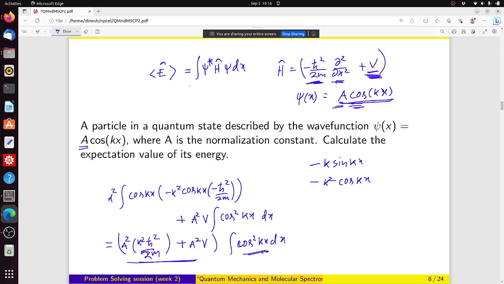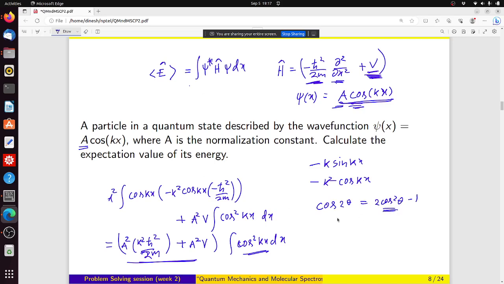So how do I convert this, cos square kx? We have the relation cos 2 theta is equal to 2 cos square theta minus 1, right?